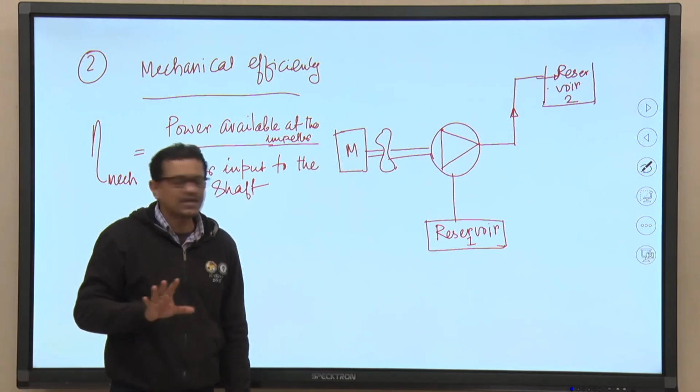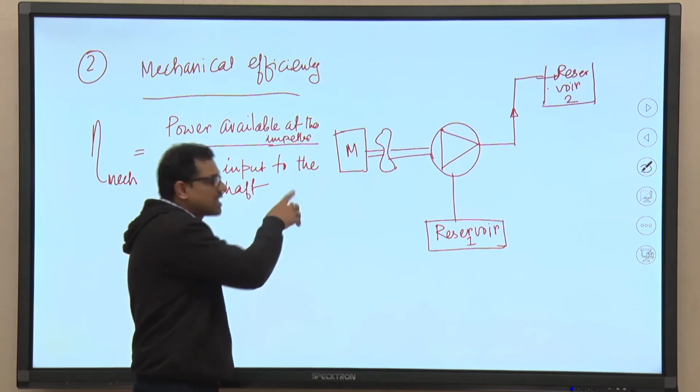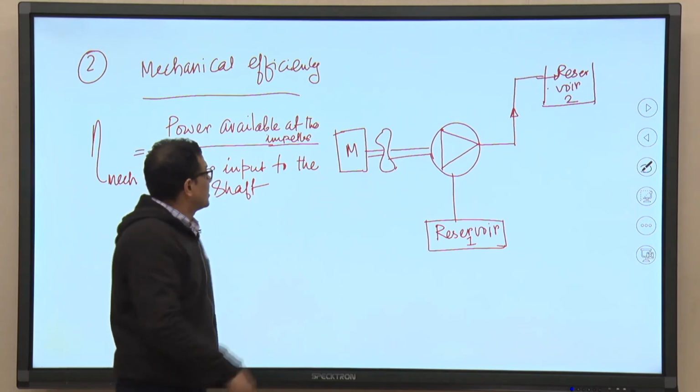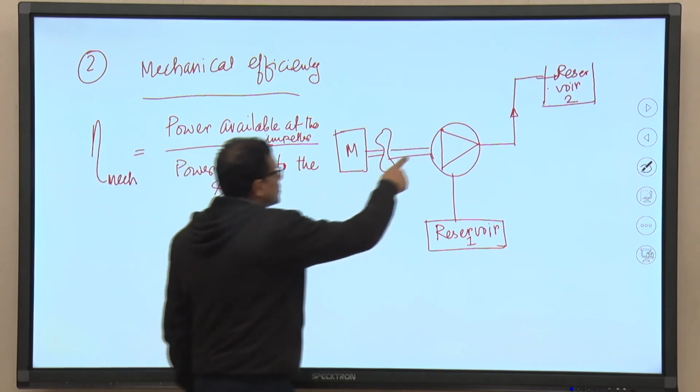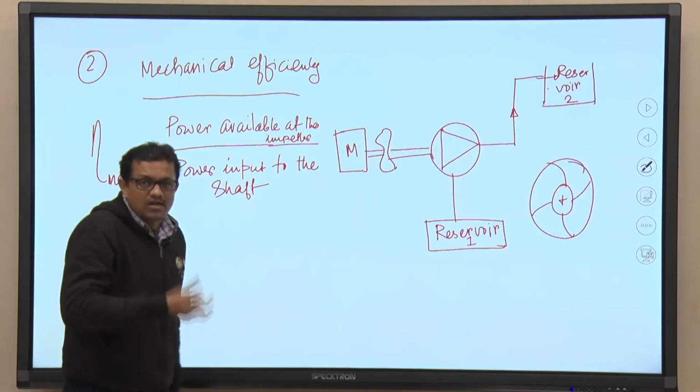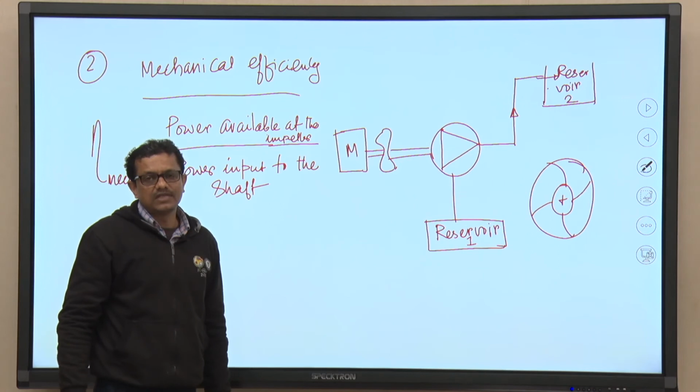But if we consider that the power input to the shaft is the output power from the motor, even then, this impeller will be mounted on a shaft. So, the input power to the shaft is given from the motor. Now, the power available at the impeller is not the power which is supplied to the shaft.